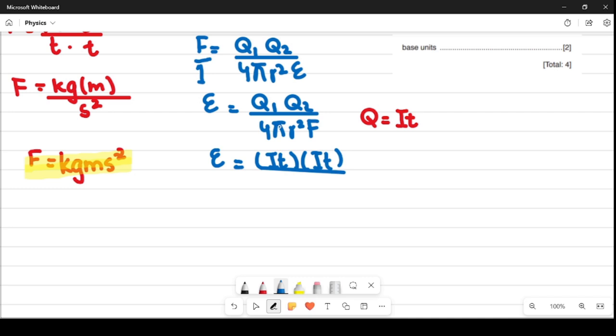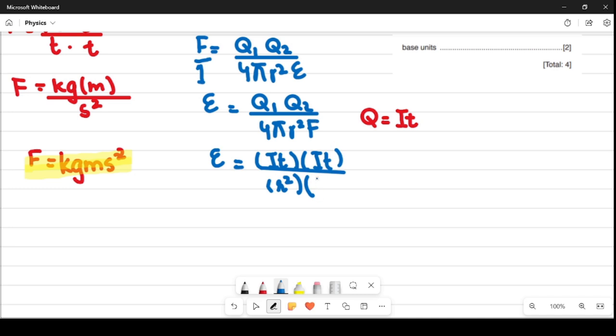So writing them in a formula that is primarily being used to derive units is a waste of time. Don't write constants, please. Remove constants. r square, r is the distance, so r will have a unit of meters. The SI unit for distance is meters.